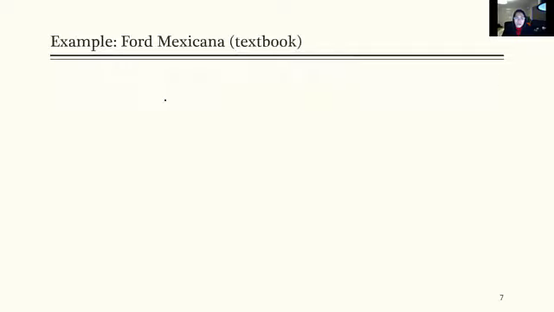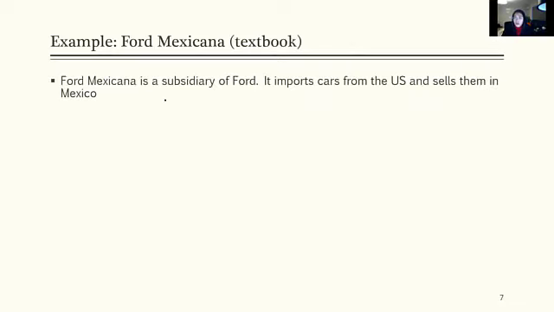So one example of how the product markets can affect the sensitivity of your asset value or your cash flows to exchange rate movements is this example here. When I look at Ford Mexicana, this is a subsidiary of Ford, which is a car manufacturer in the US. So we are looking at a company that imports cars from the US, right?